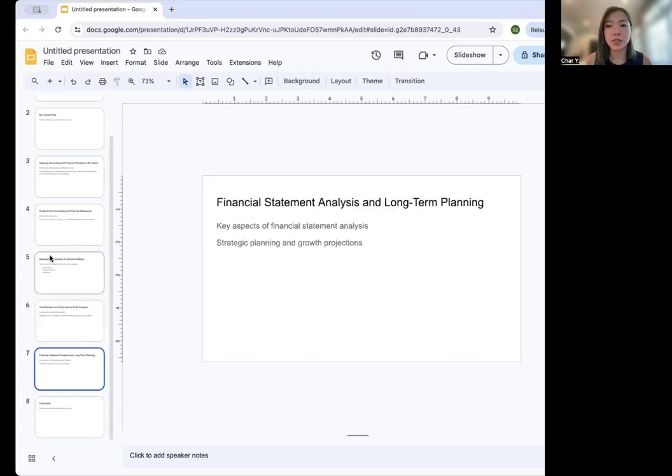Next, the financial statement analysis and long-term planning. The key aspect is that it involves financial statements to assess the company's performance, while long-term planning focuses on strategy and sustainable growth.